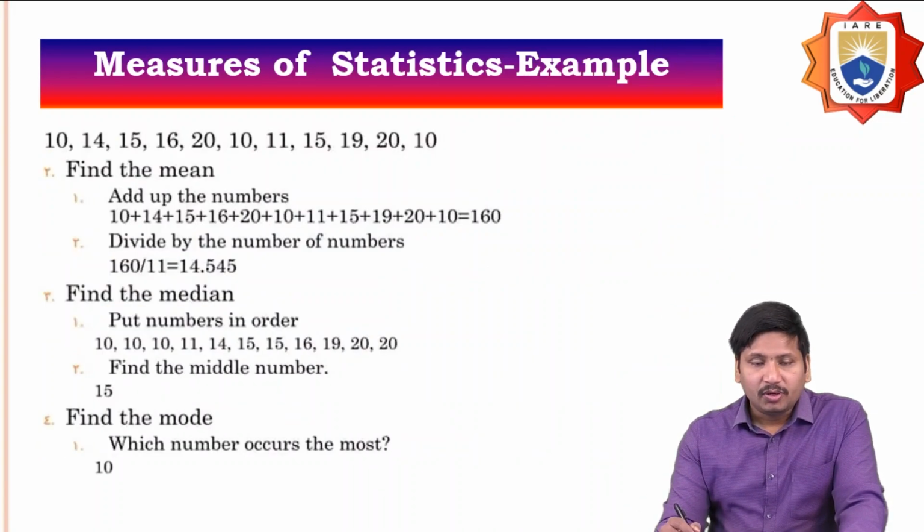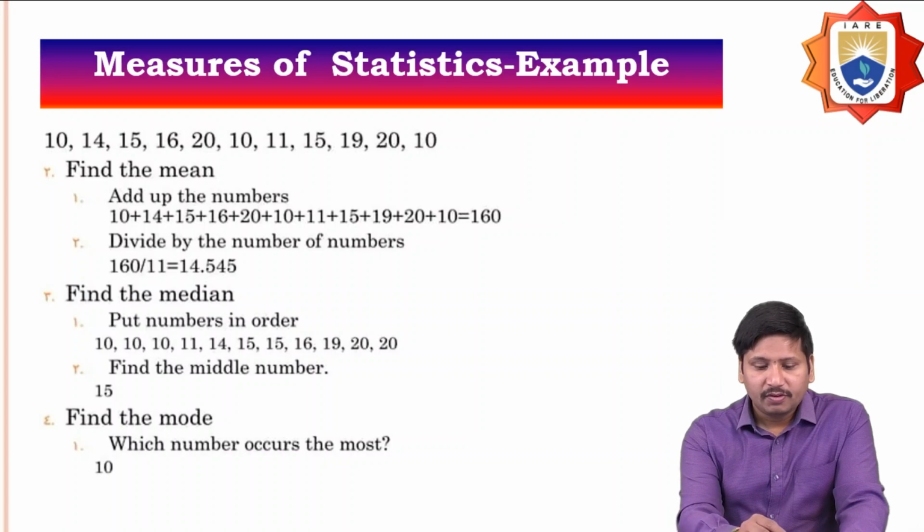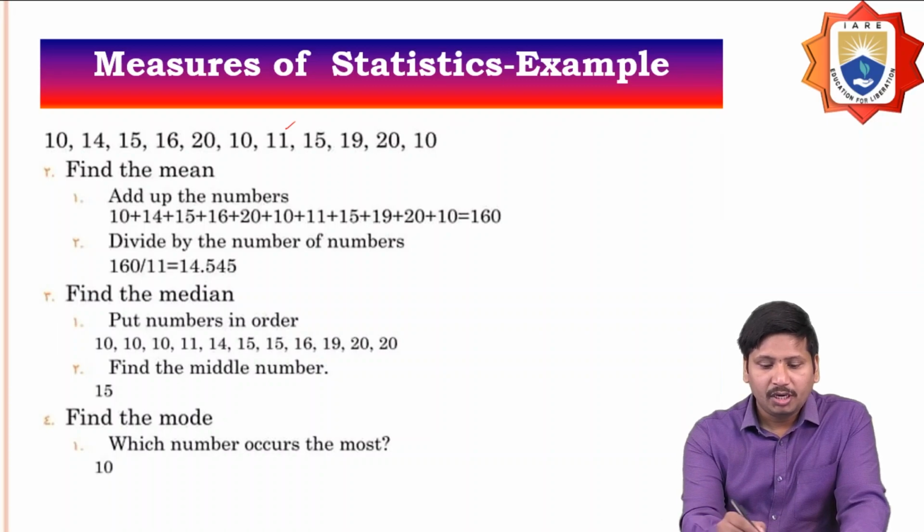Let me explain another example. Suppose we have a list of numbers like 10, 14, 15, 16, 20, and then 10, 11, 15, 19, 20, and then 10. How is the mean calculated here?